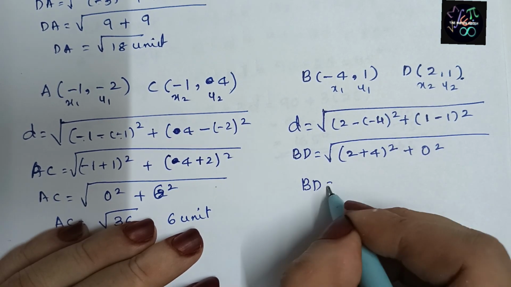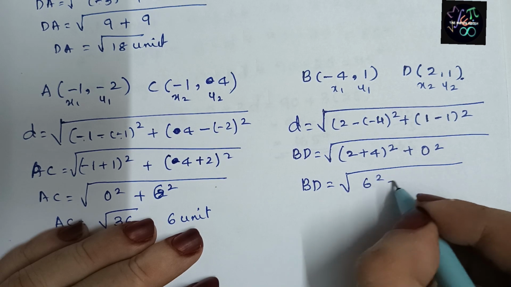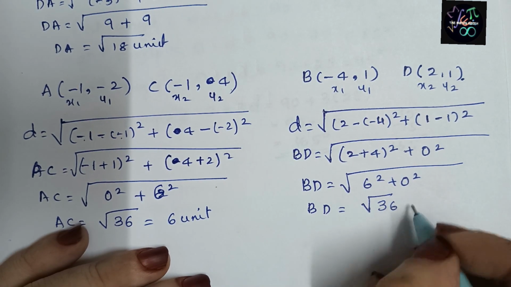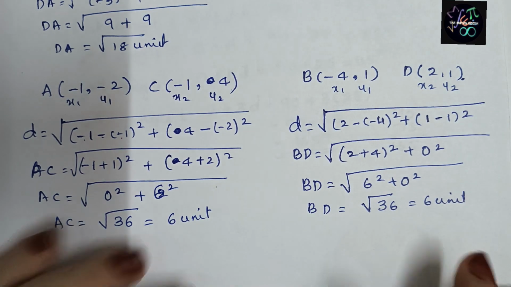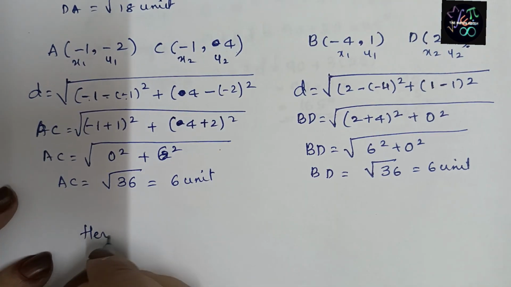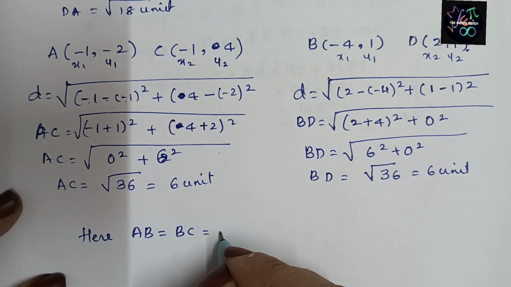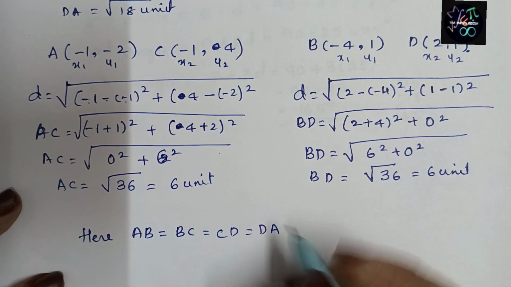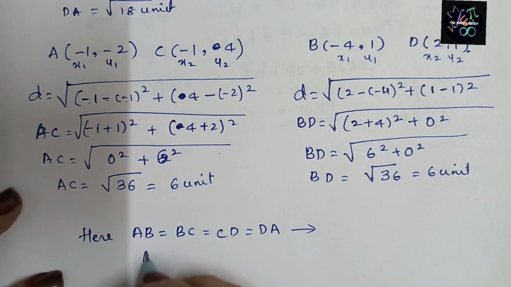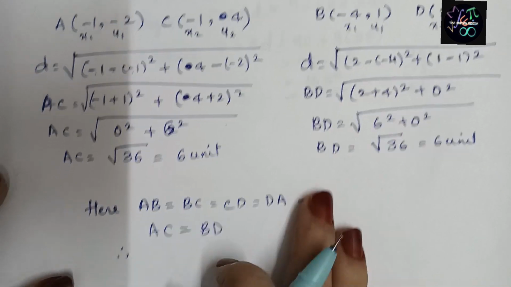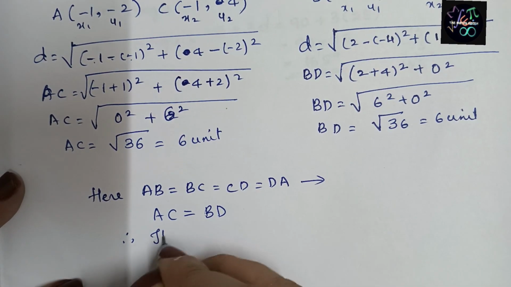So BD is equal to root of 2 plus 4, 6 square, plus 0 square, and BD is equal to root 36, that is 6 units. Now here we can see AB equal to BC equal to CD equal to DA. All four sides are equal, and the two diagonals AC and BD are also equal. Therefore, we can see it is a square.